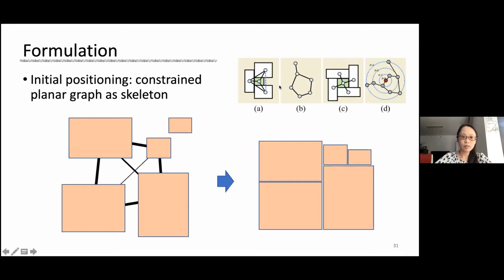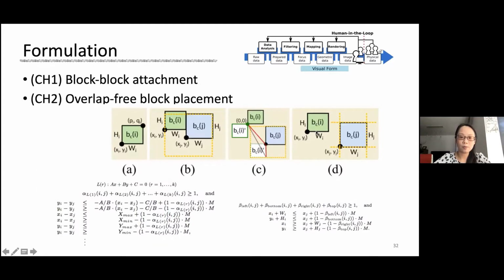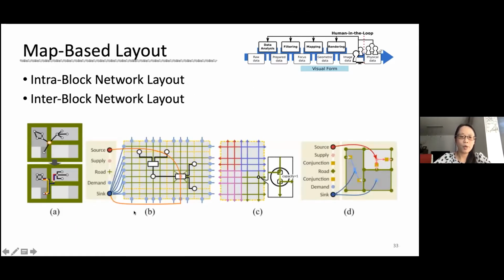So here you see the quick result. I would like to quickly go through how this is done. The interesting part here is we create flow networks to guide the edges, to also avoid intersection between the nodes and edges, between the city blocks and within the city blocks.